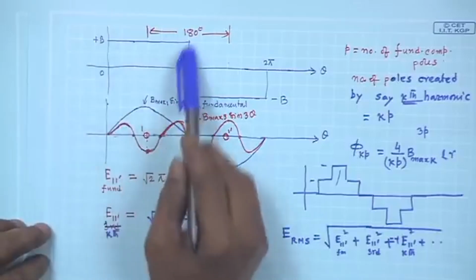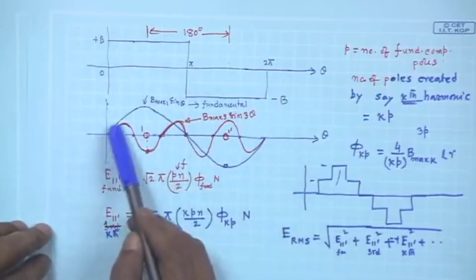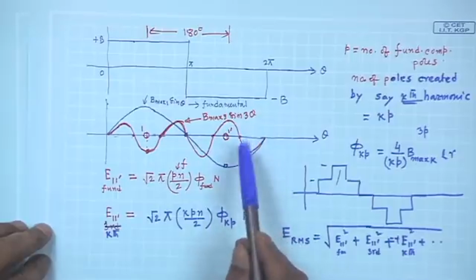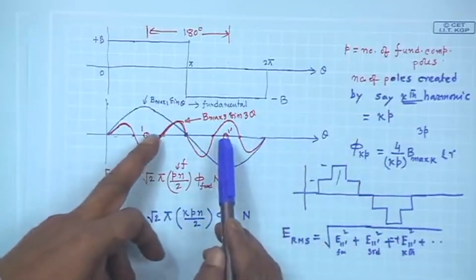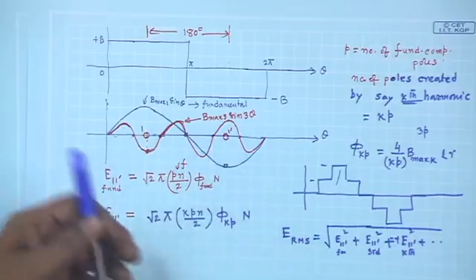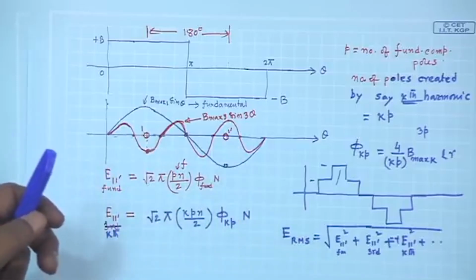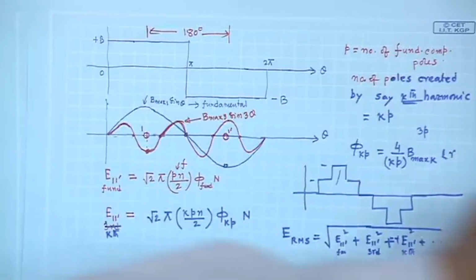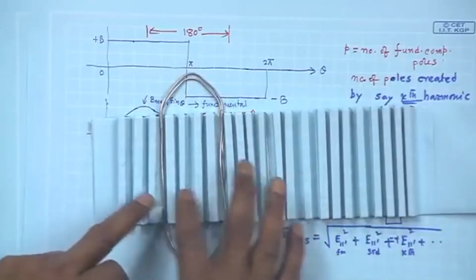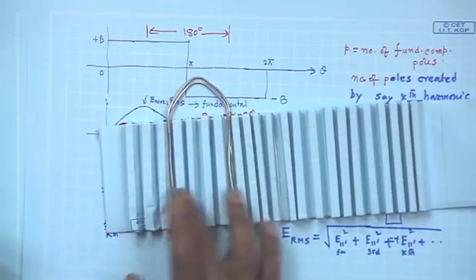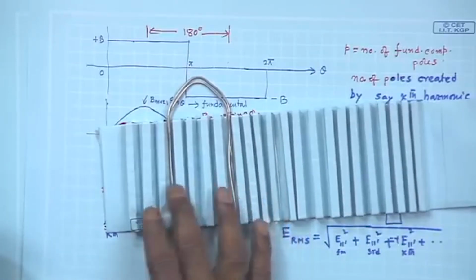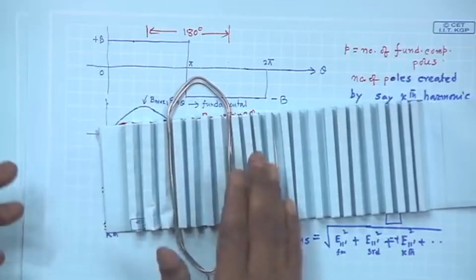So, I will do Fourier analysis, and suppose this is the fundamental component, and based on this fundamental component the coil span has already been fixed, and this I cannot change. I have fixed the coil sides into two identified slots where this angle is 180 degrees electrical. I cannot do anything about this, that is fixed.